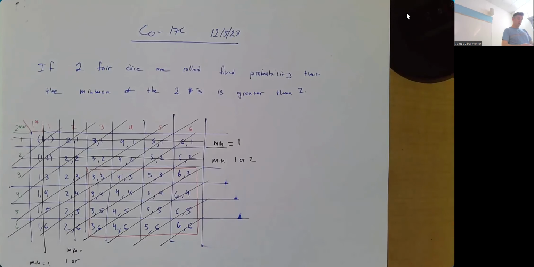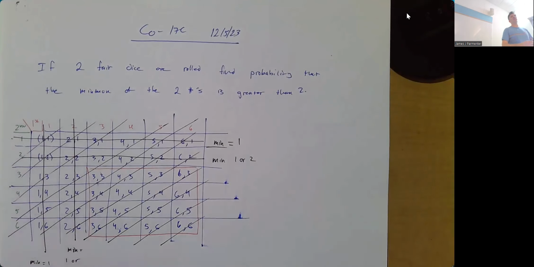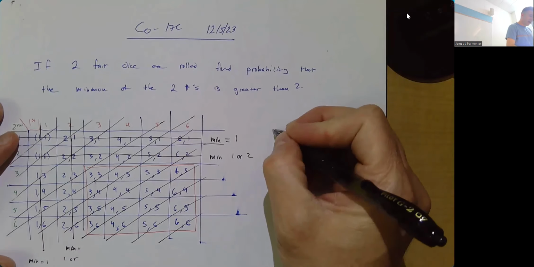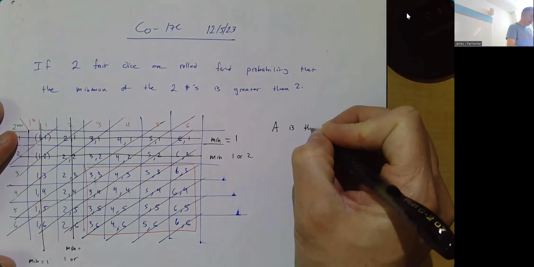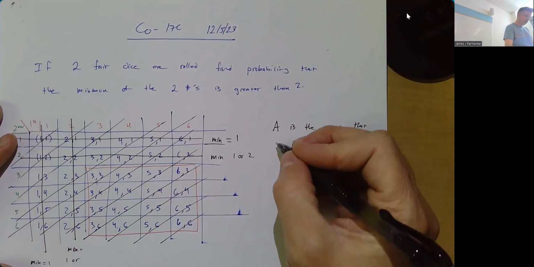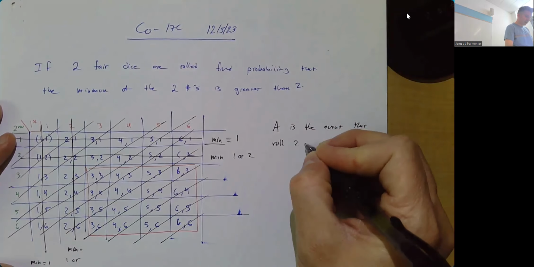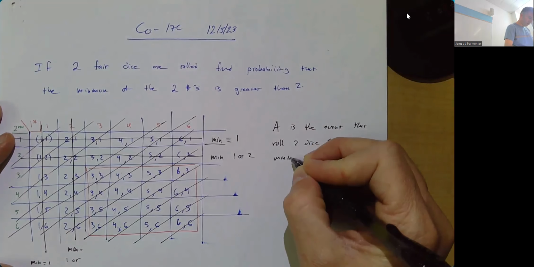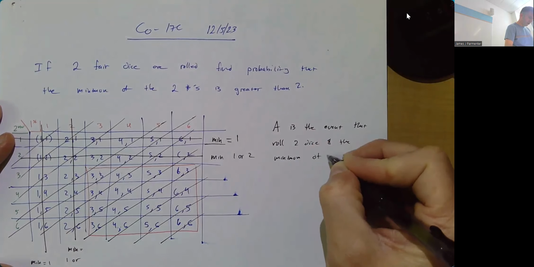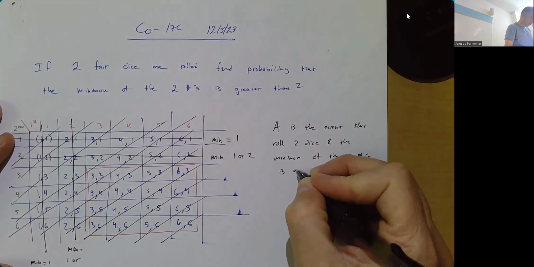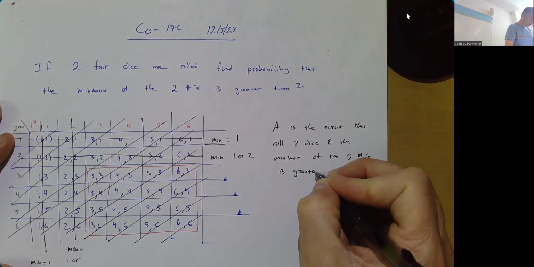So here's some notation that is kind of annoying, but is typical. Let's say that A is the event that we get what we want, that we roll 2 dice and the minimum of the 2 numbers is strictly greater than 2.